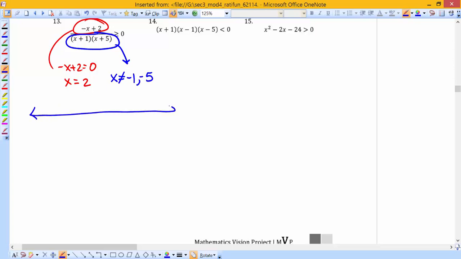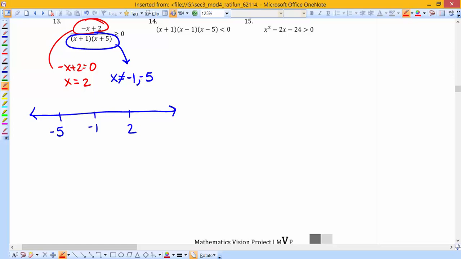So when I make my number line for testing, I'm going to put the -1 after the -5 and the 2. Now listen carefully. Please listen, and if you have to rewind it and listen to it again. The -1 and the -5, x cannot equal those two numbers.